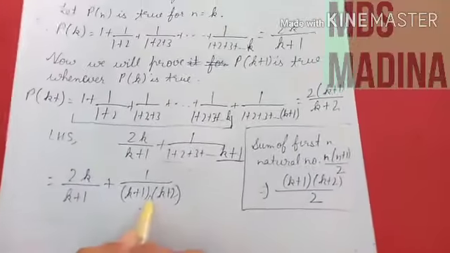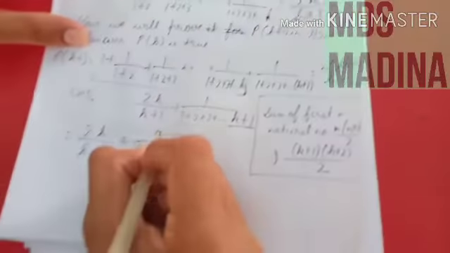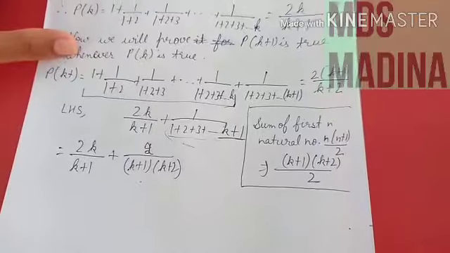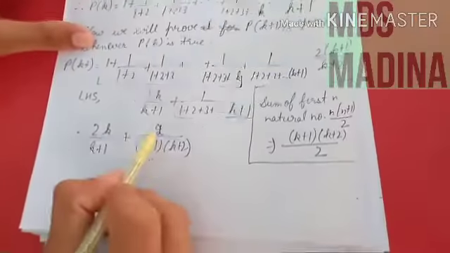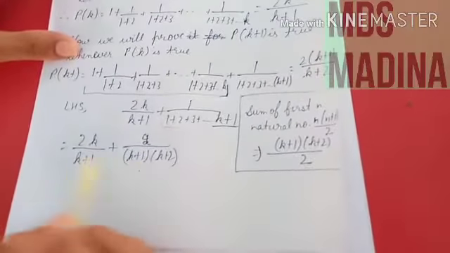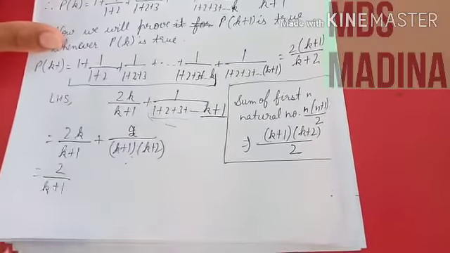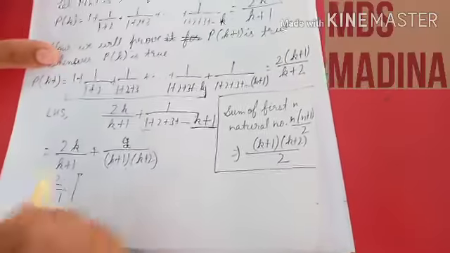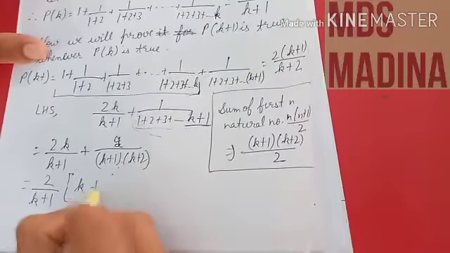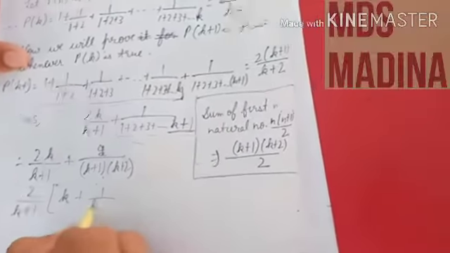That means 2 is dividing the denominator, so it will come in numerator. So from here we can take 2 by k plus 1 common from here and here. What is remaining? k here plus 1 by k plus 2 here.